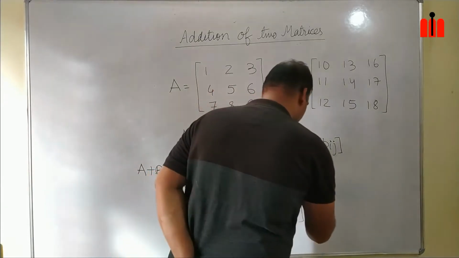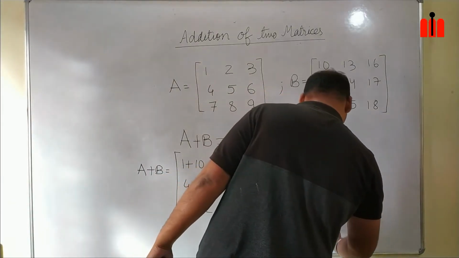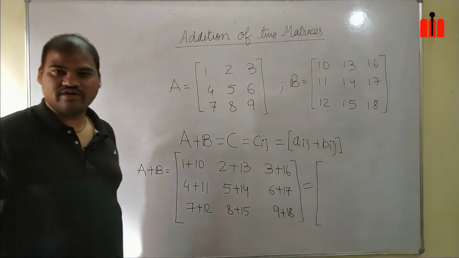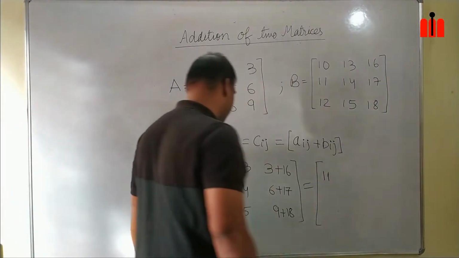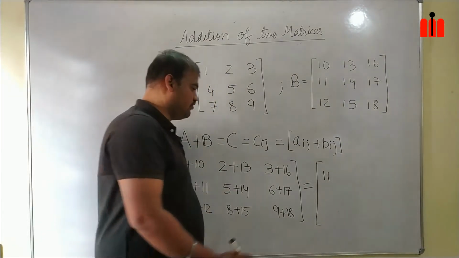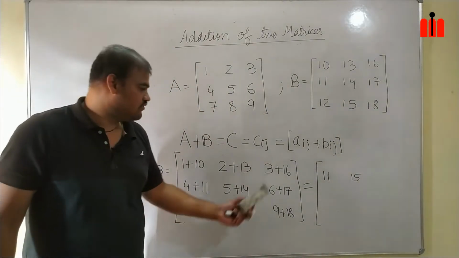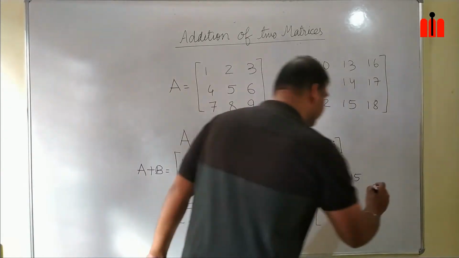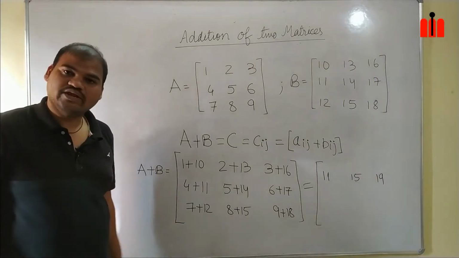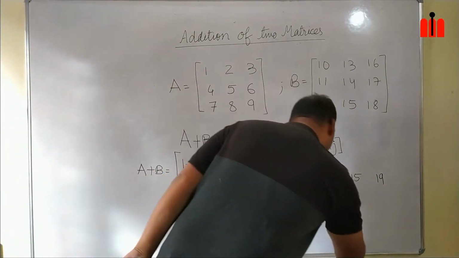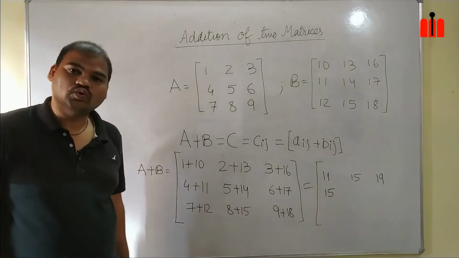So what will be my resultant now? My result will be 10 plus 1, 11. C11 will be 11. C12, 15. C13, 19. C21, 15. Okay. C22, 19.